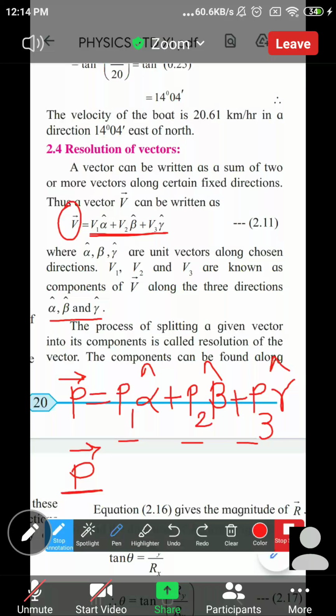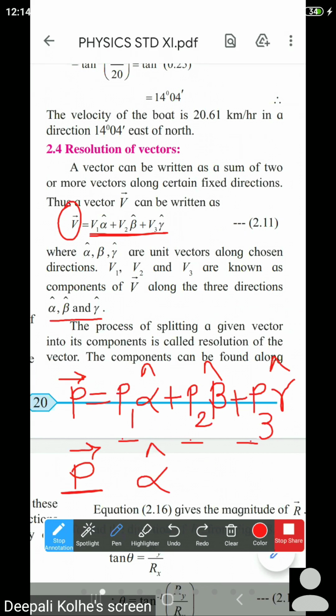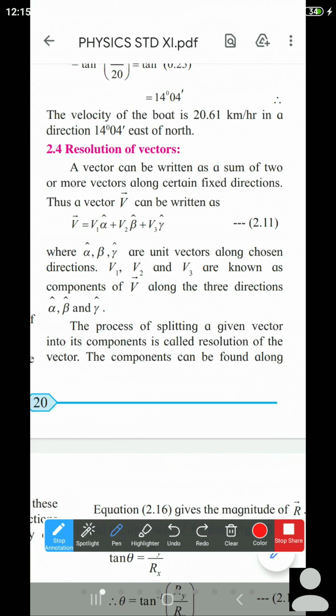P bar के ये तीन component हैं और इनकी direction along alpha cap, along beta cap and along gamma cap respectively. Direction of P1 along alpha cap, direction of P2 along beta cap and direction of P3 along gamma cap. Here, see what alpha, beta and gamma are: alpha cap, beta cap and gamma cap are unit vectors along a chosen direction.